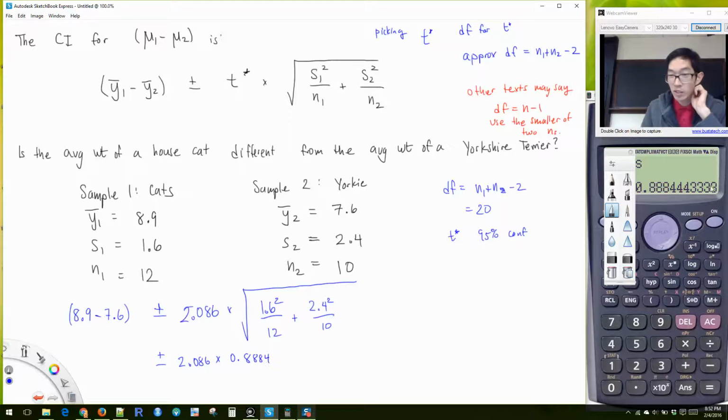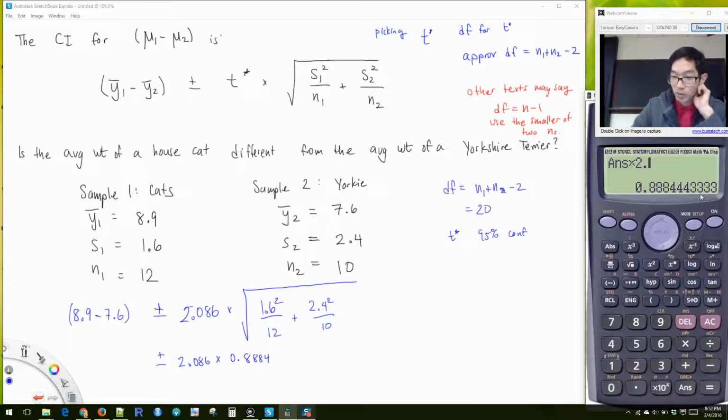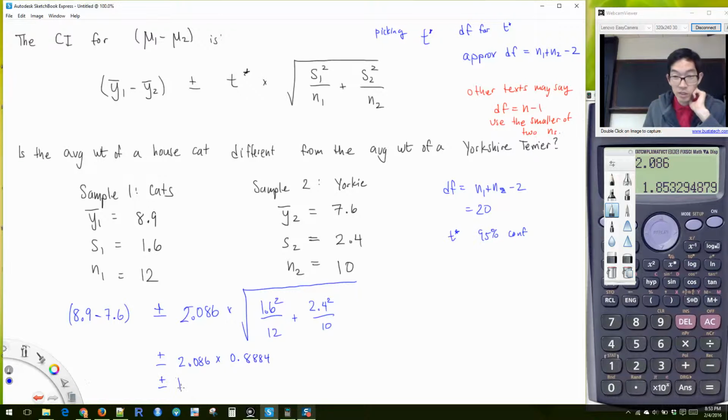So I'm going to multiply this by 2.086, and I get plus or minus 1.853 as my margin of error.